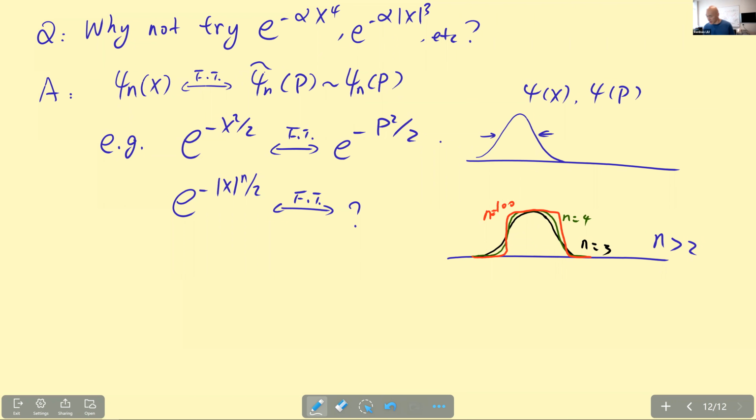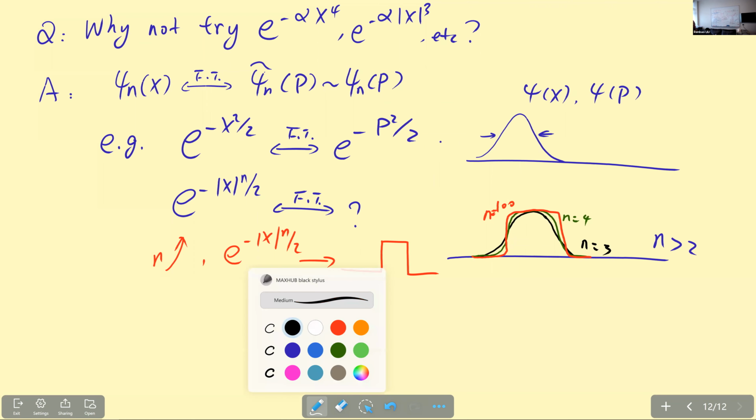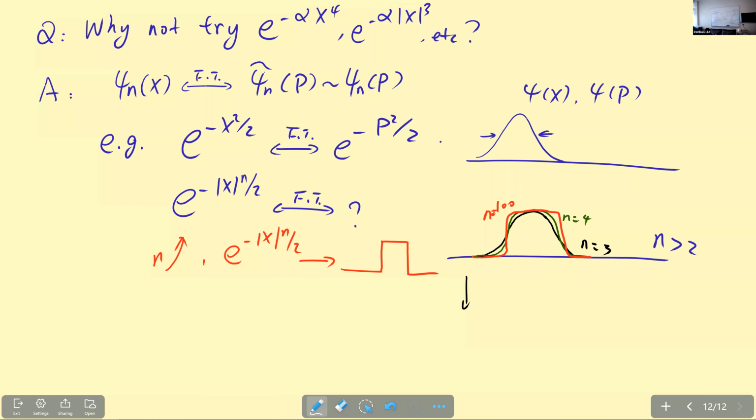Okay, so you can see that if n increases, this function actually will become more and more like a square function. And you know that if we do the Fourier transform, we know that the sharper edge leads to long tails.